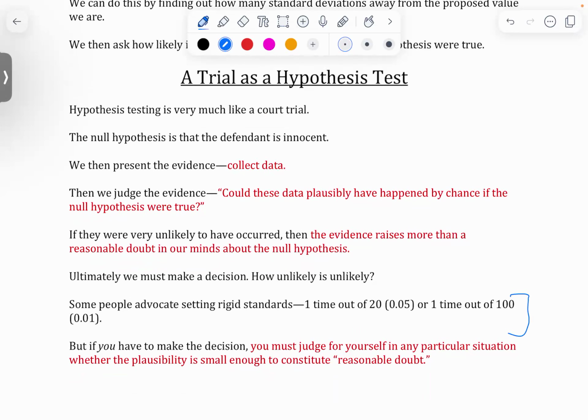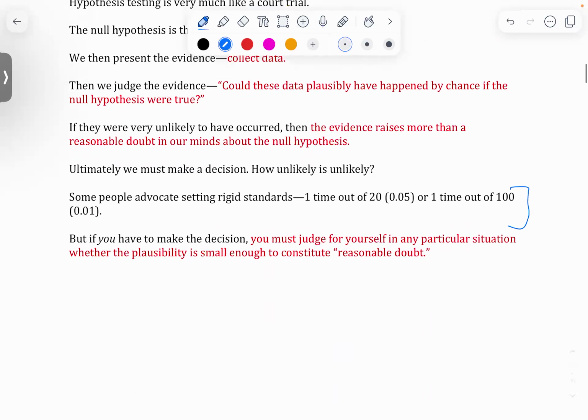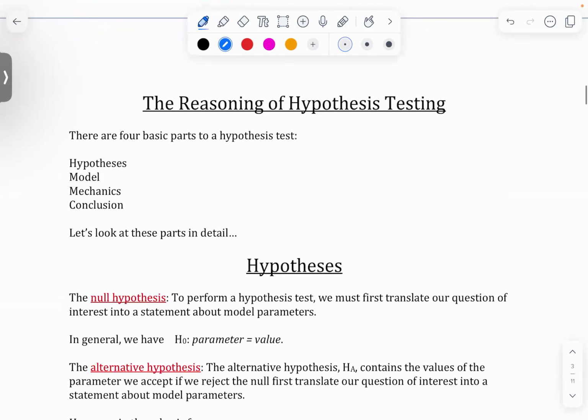What is our definition, our judgment of reasonable doubt? So again, it's going to mirror the concept of a jury trial, but the actual steps have their own statistical scientific twist on them.